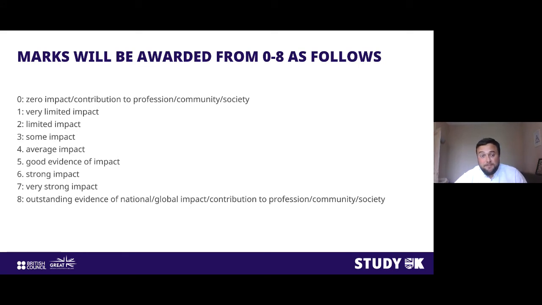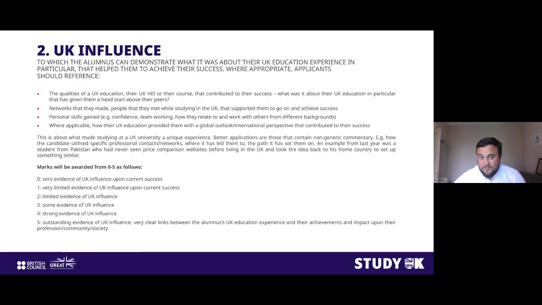Again, next slide, please, Abby. And so the next criteria is the UK influence. We're looking here for you to demonstrate what it was specifically about your UK education that helped you achieve your success, and where appropriate you can reference the qualities of the UK education, the university you attended and your course, and specifically what helped you from that context achieve your success.